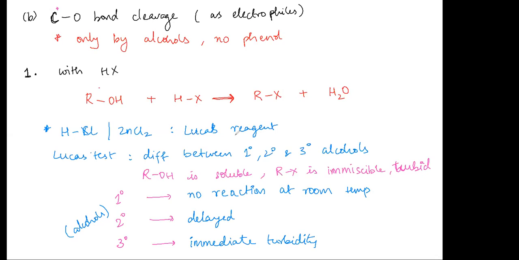The principle behind the test is that alcohols are soluble, but once the reaction has taken place, the final product is immiscible. It is turbid. So Lucas test में अगर immediate turbidity है, then your original reagent was a tertiary alcohol. If you get turbidity after some time, if it's delayed, then it's secondary. And if nothing happens, no reaction at room temperature, then you got a primary alcohol.